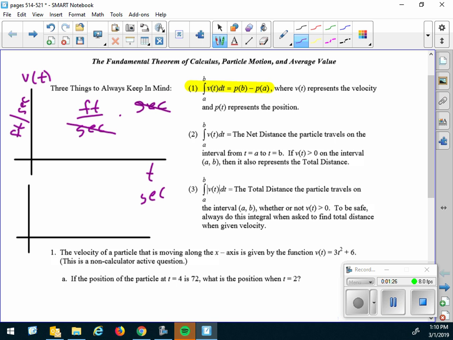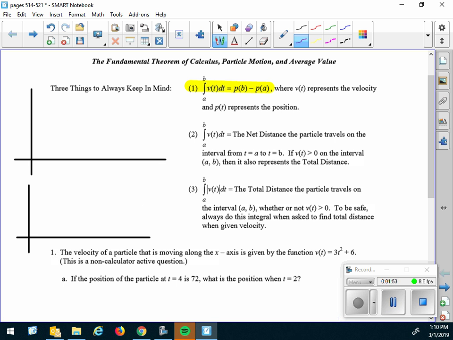So if I integrate whatever my velocity function is, I will get feet or miles, total feet or total miles or whatever. I just want you to understand why when you integrate a rate, you get some total amount, and it's because that happens right there. Now, let's look at what I highlighted.